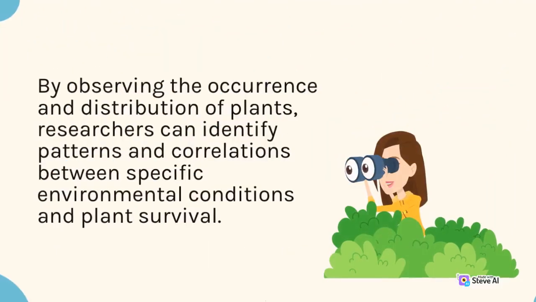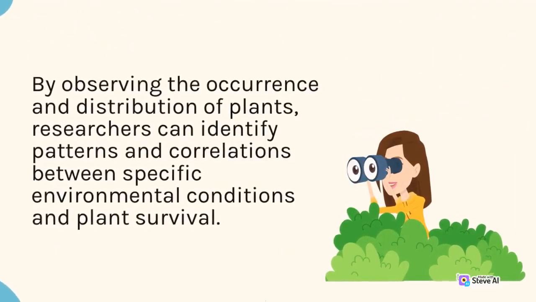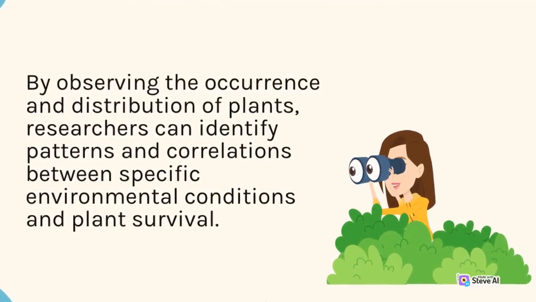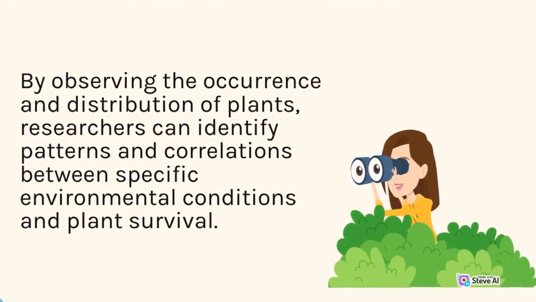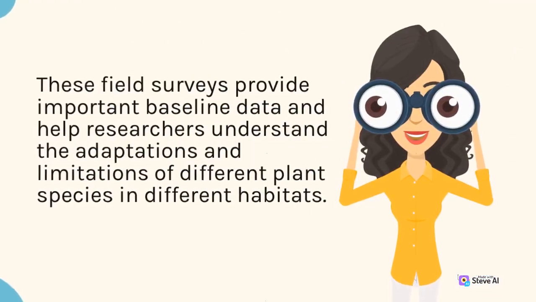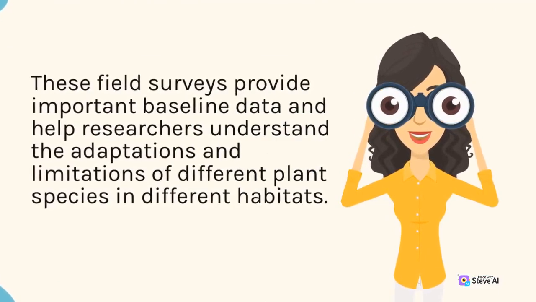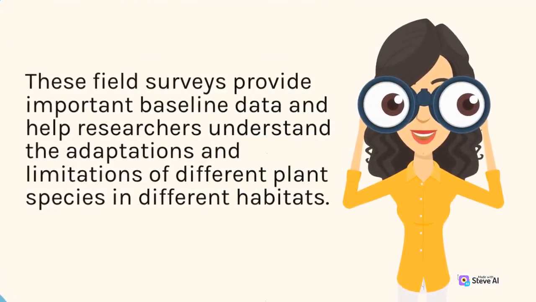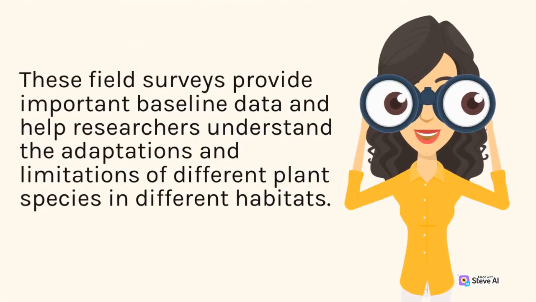By observing the occurrence and distribution of plants, researchers can identify patterns and correlations between specific environmental conditions and plant survival. These field surveys provide important baseline data and help researchers understand the adaptations and limitations of different plant species in different habitats.